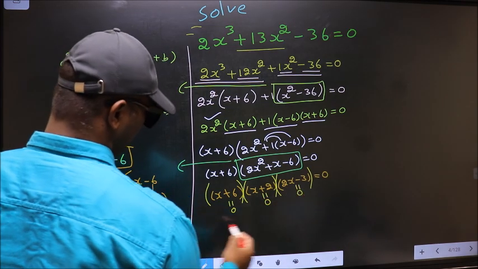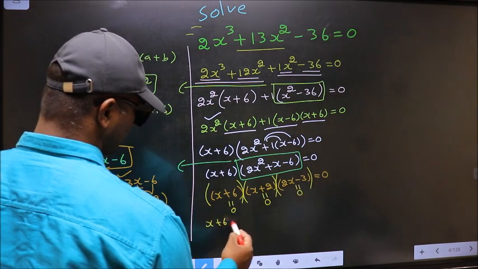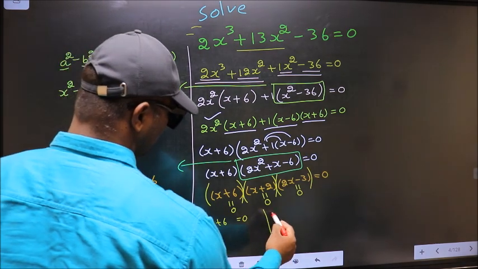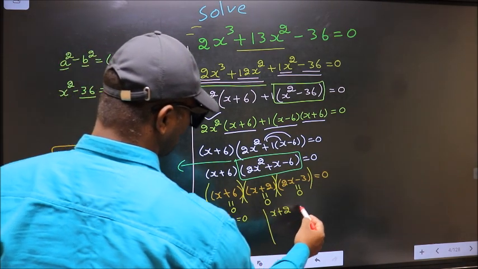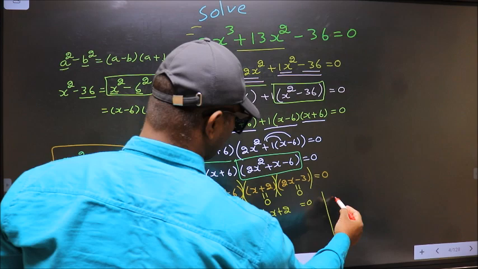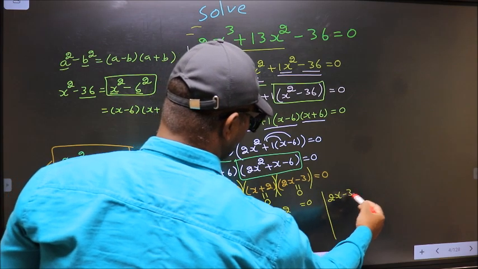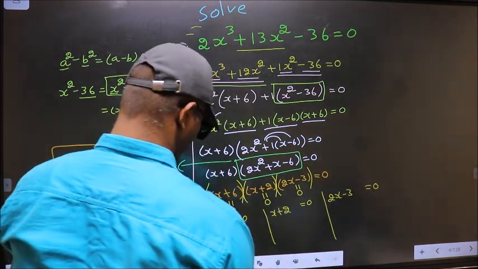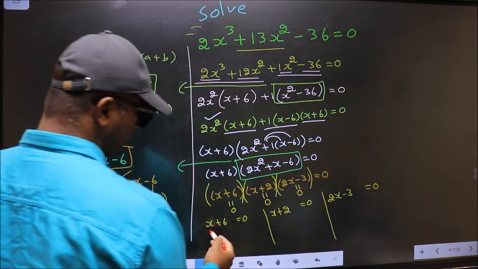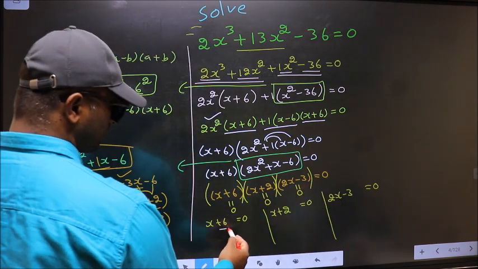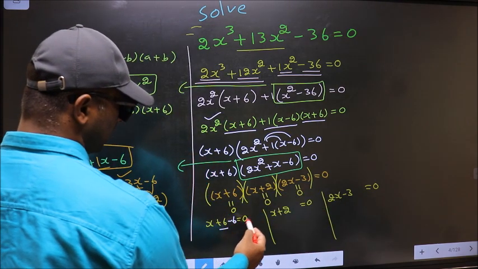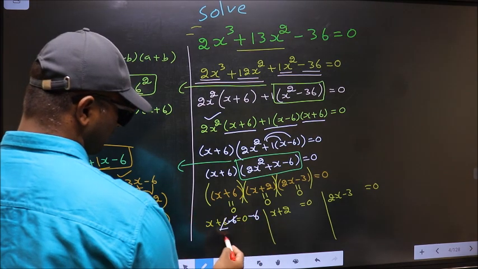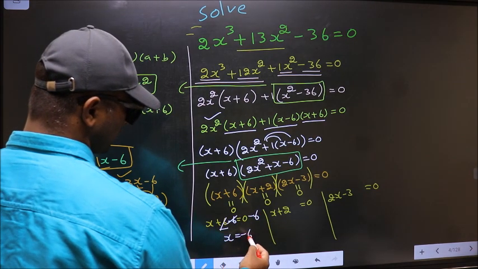That is x plus 6 equal to 0, x plus 2 equal to 0, 2x minus 3 equal to 0. Now to get x value from here, we should remove plus 6, so you subtract 6. You get x equal to minus 6.